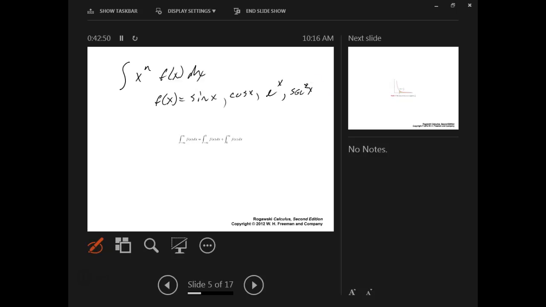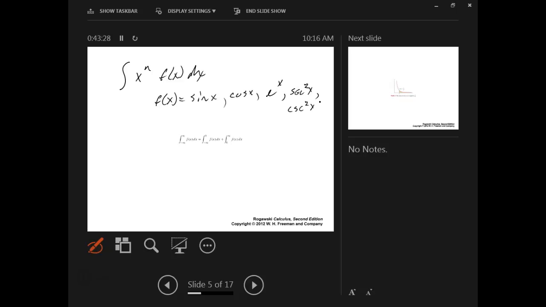And I believe cosecant squared x will probably work well too, because that will become a cotangent. And also the x to the n can be replaced with a more complicated polynomial, but you keep differentiating polynomials, they get simpler and simpler. You integrate those and they don't get any worse.